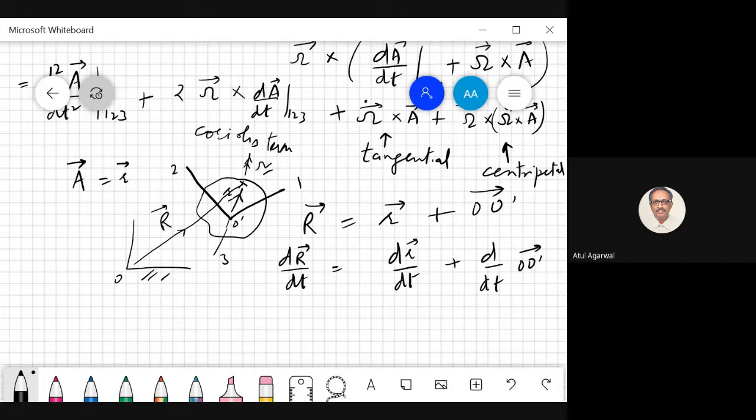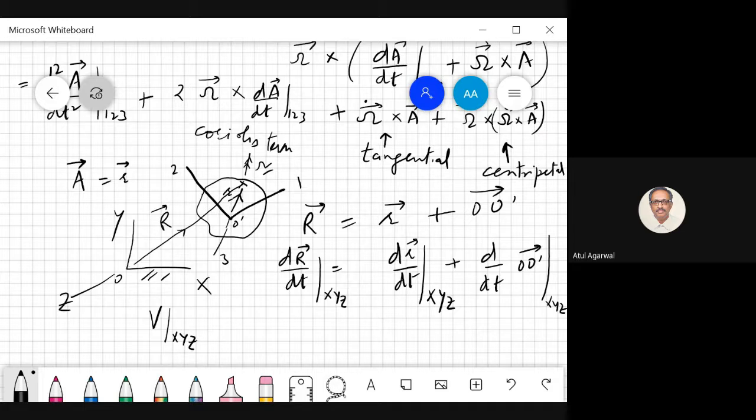So you are taking the time derivative with this XYZ system. So we have found that this is the velocity of the point with respect to the XYZ system.